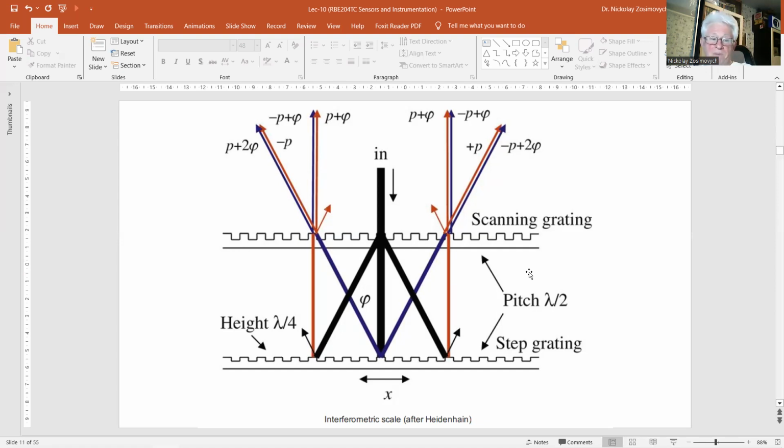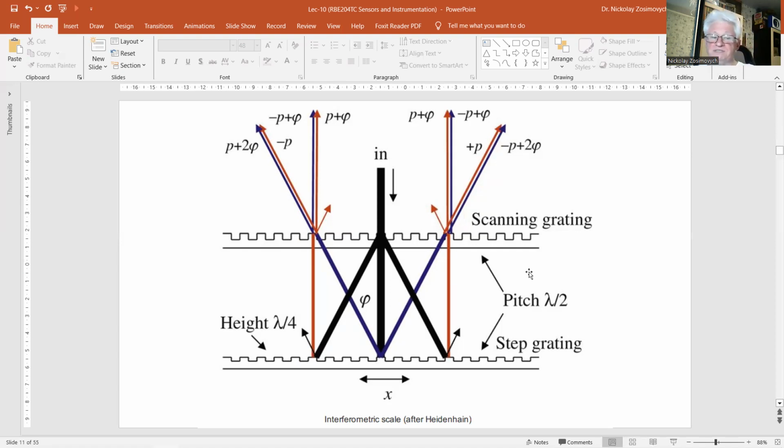The instrument comprises two scales moving relative to each other at about 1 millimeter apart. One is transparent, the other not. The non-transparent scale has a pattern of small grooves with pitch P, and this is the step grating. The transparent one is the scanning grating with the same pitch.